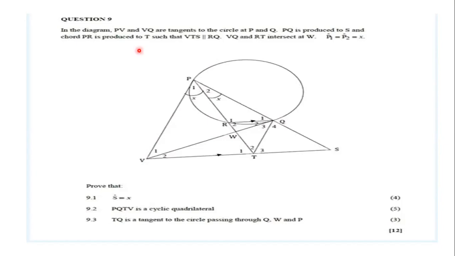Firstly, they are saying PV and VQ are tangent to the circle at P and Q. Where's our P and Q? Here's our P and Q. So this is PV and this is VQ.